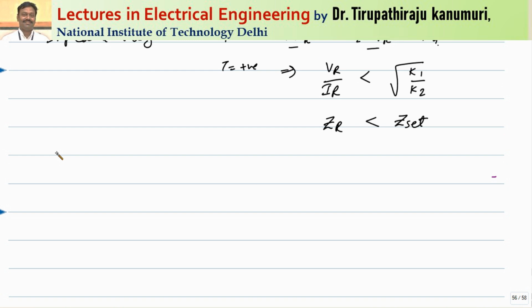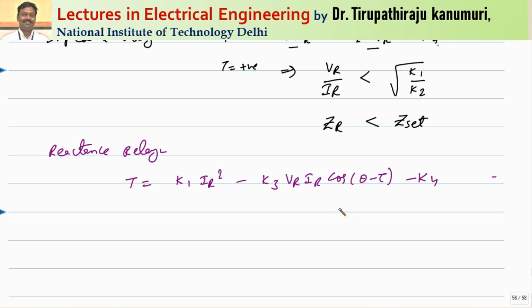After this, we have seen the reactance relay. For the case of reactance relay, the torque equation is given by K1 IR square minus K3 VRIR cos(theta minus tau) minus K4, where the maximum torque angle is set to 90 degrees.